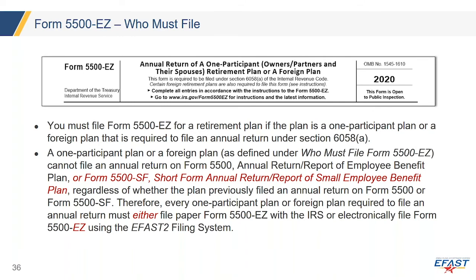But the Form 5500 EZ is designated for retirement plans only subject to the Internal Revenue Code, that is 6058(a), not subject to ERISA Title I. So you can call this a no Title I plan.